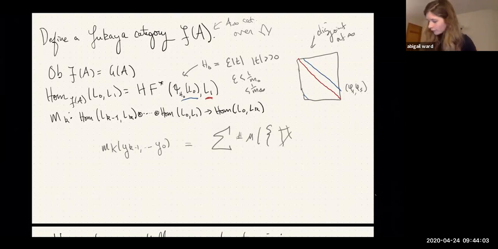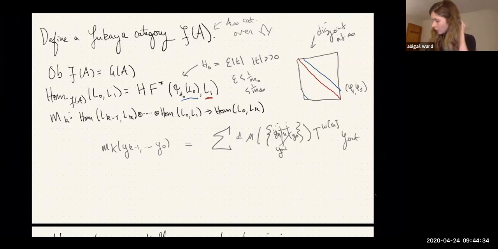which just looks like holomorphic maps from your disk into your space, which send boundary marked points to these Lagrangians, so y_{k-1}, and then this is y_out.